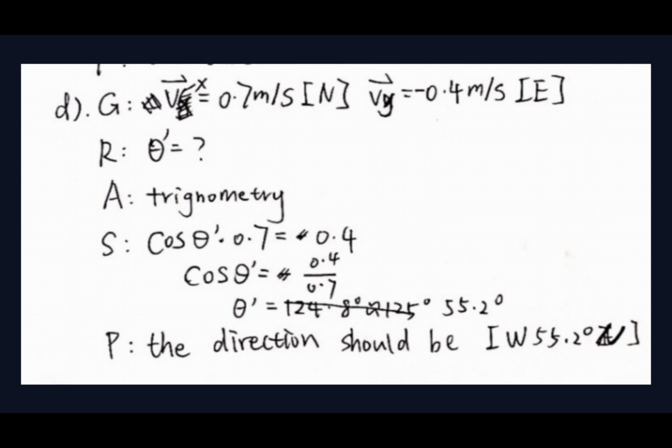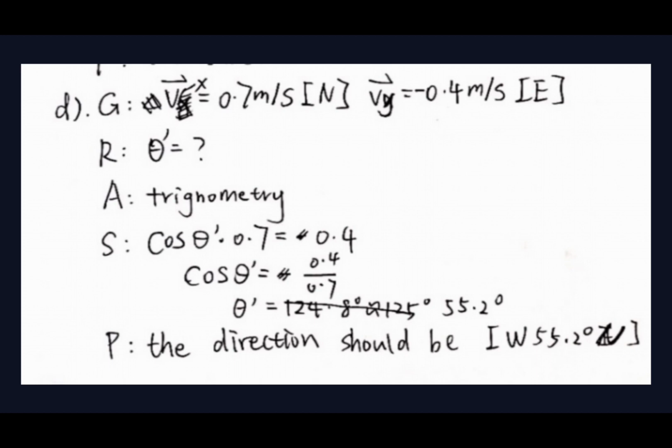By substituting the values, cosine theta times 0.7 equals 0.4, because we need a balance to make it equilibrium, right? So cosine theta equals 0.4 divided by 0.7, and after calculation, we get that theta dot equals 55.2.